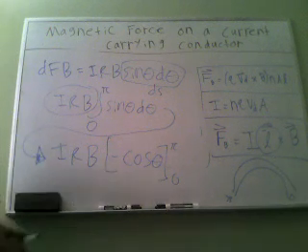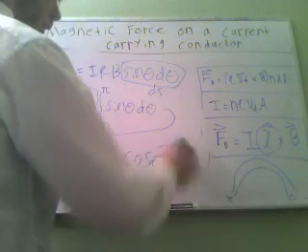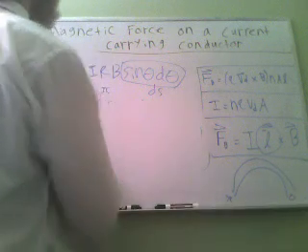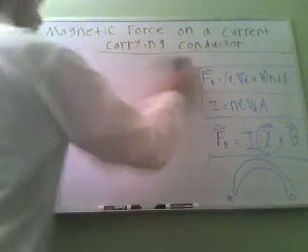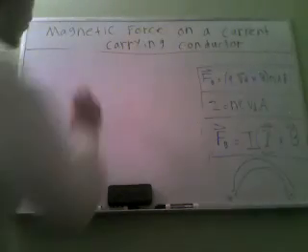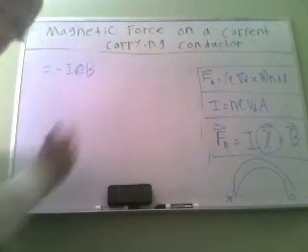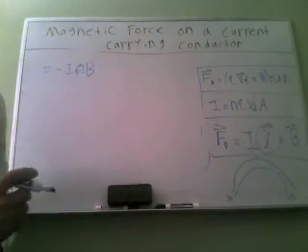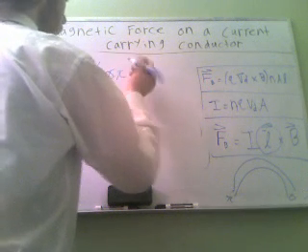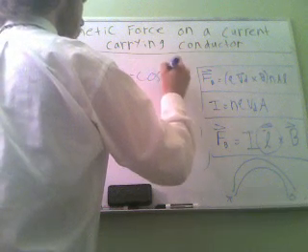After our integration, we will plug in both values for theta. Pi will go into theta and 0 will go into theta. So I'll erase that, hoping you saw that well. What you'll have finally is negative I R B, again constants, current, radius, and magnetic field, times cosine theta, or I'm sorry, now we plugged in pi for theta, minus cosine 0.